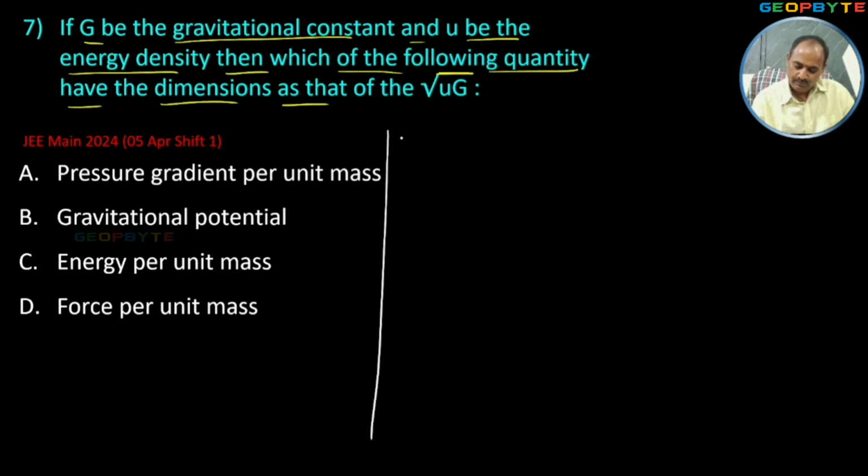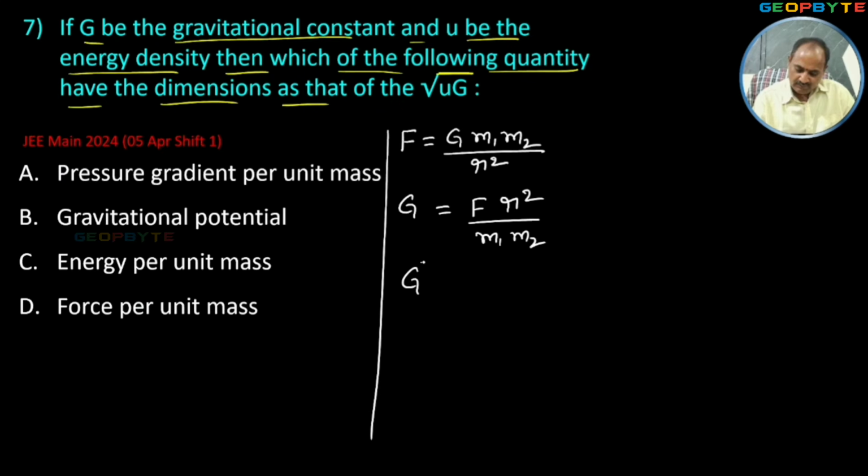For that, let us take the gravity force equal to G m1 m2 by r square. From this, G equal to F r square by m1 m2.